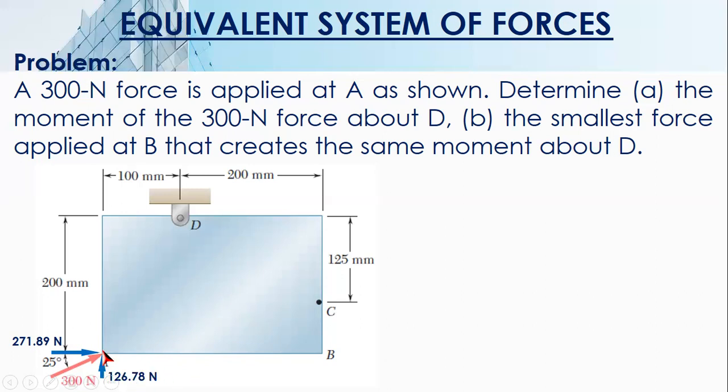Now, unsay purpose nga nani? Mas dali man siya because if a force is horizontal, ang perpendicular sa horizontal is vertical man. Na given man itong mga vertical distances and horizontal distances. Same also, pag ang force is vertical, ang yung perpendicular ana is horizontal. Diba? So, dili ka maglisod pagkuha sa distance.